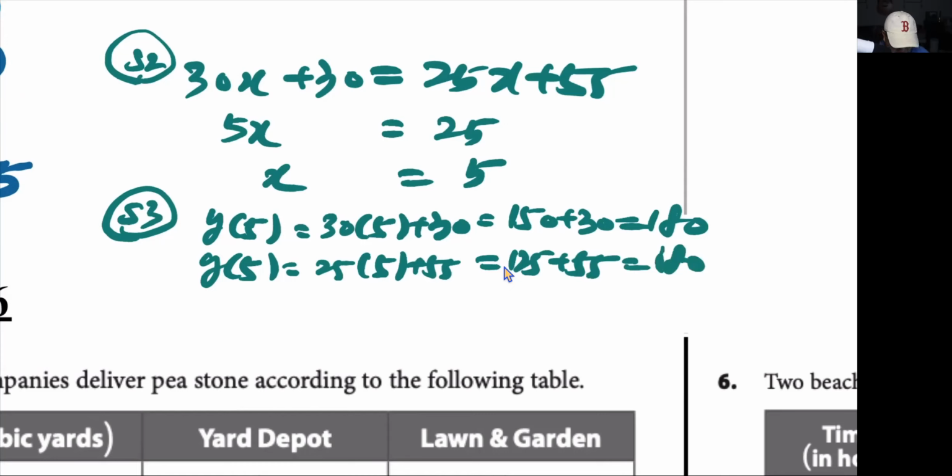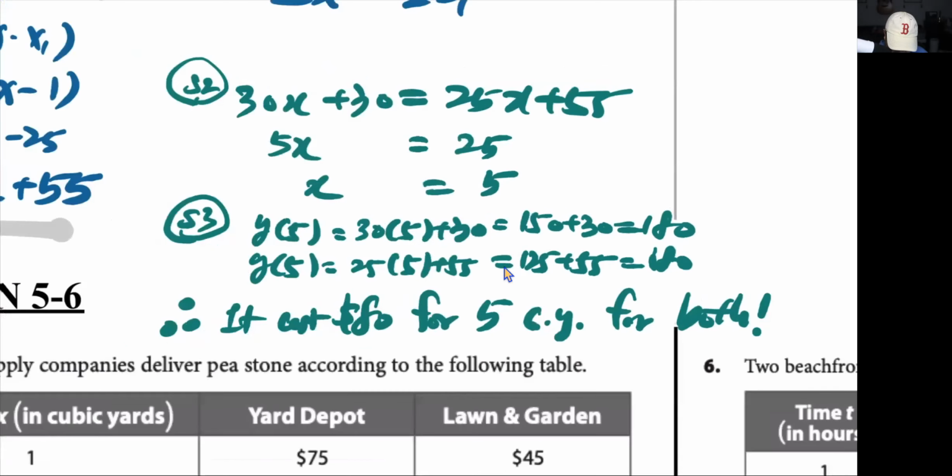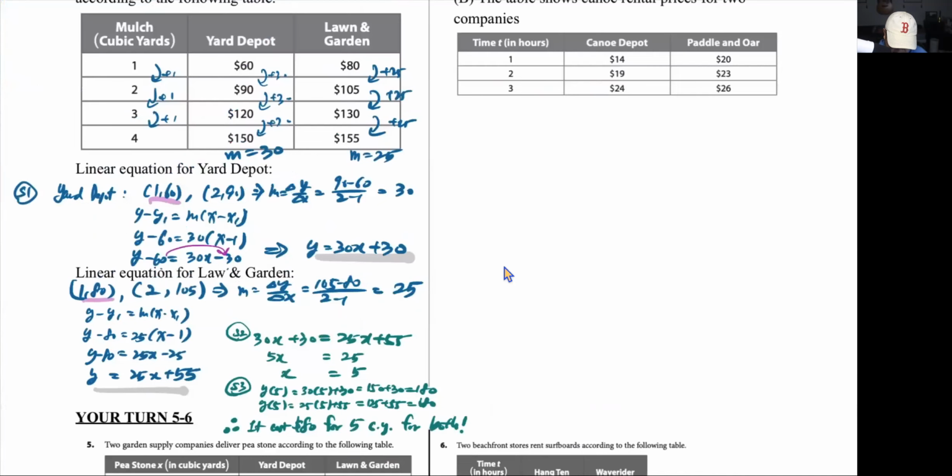Okay, the cost is the same. Therefore, it costs $180 for 5 cubic yards for both. And that is it. We were able to plug it in. So there you go.